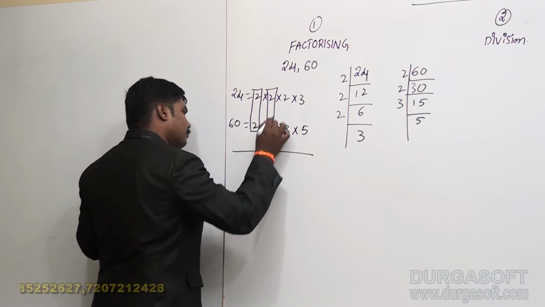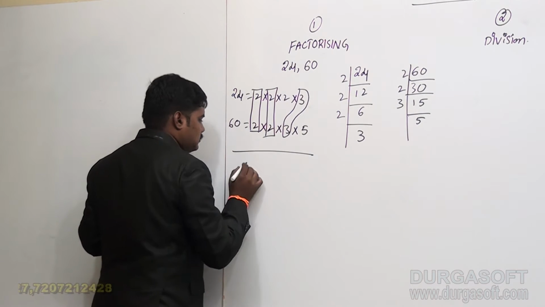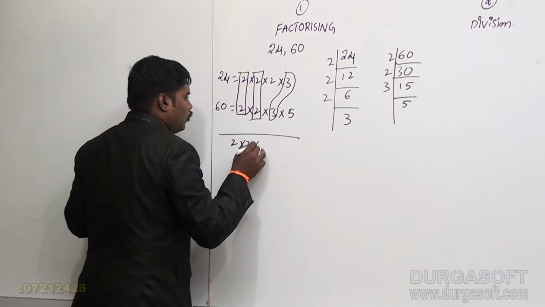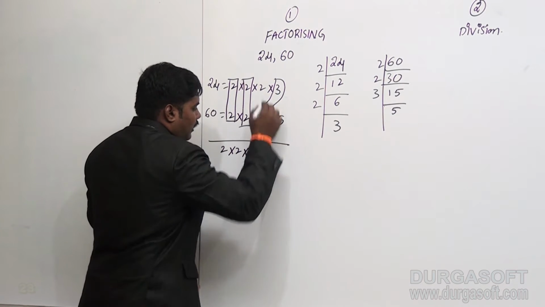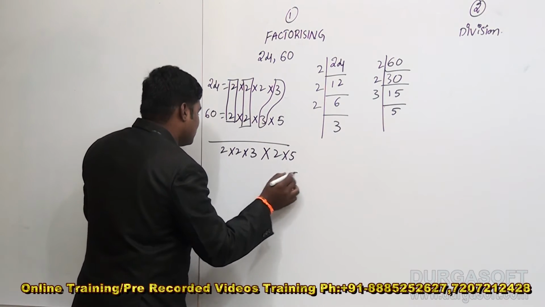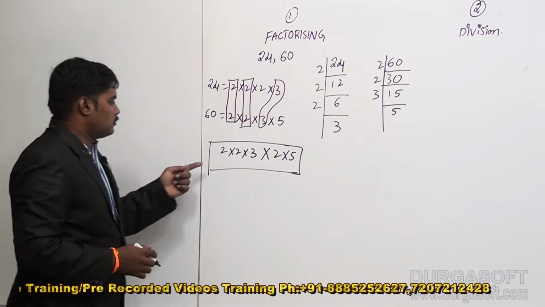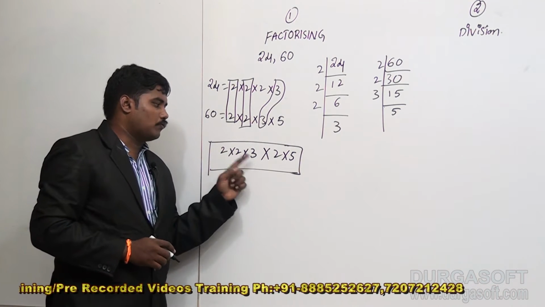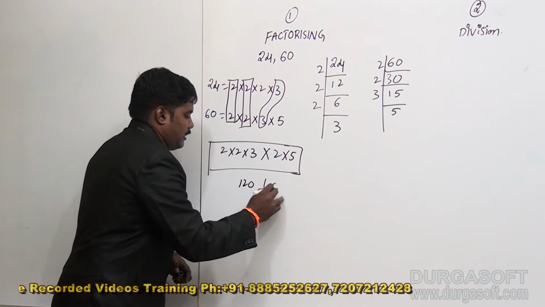That means 2 into 2 into 3, and the remaining 2 into 5. This is the LCM of the numbers. So 2 into 2 is 4, 4 into 3 is 12, 12 into 5 is 60, 60 into 2 is 120. 120 is the LCM.